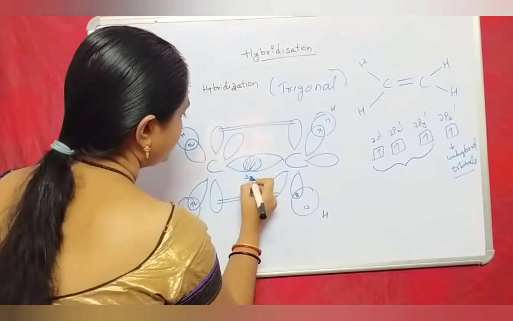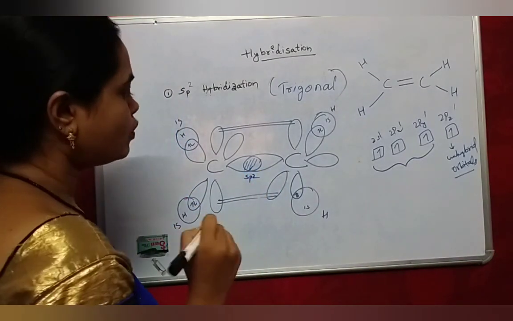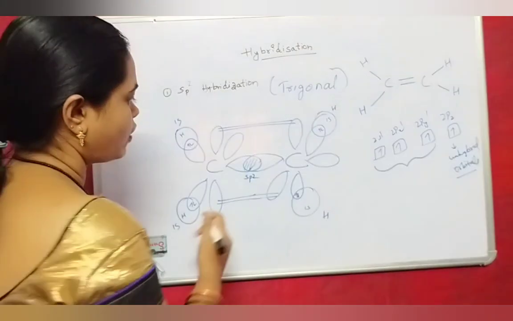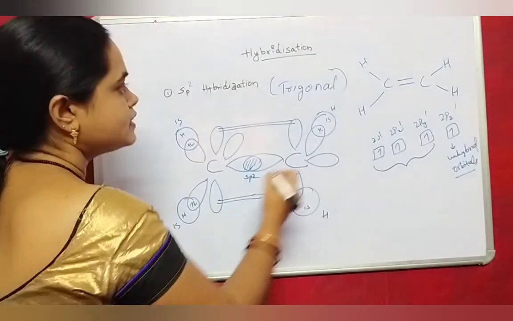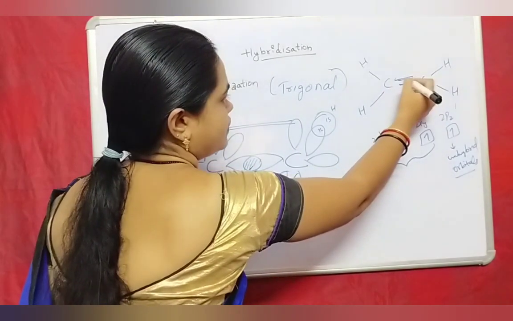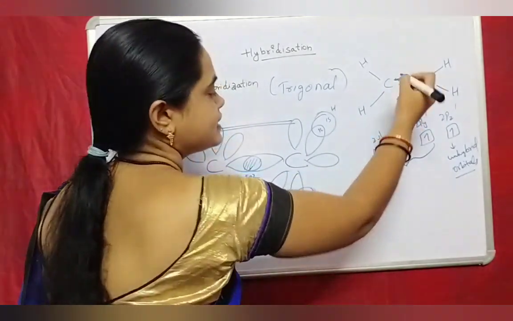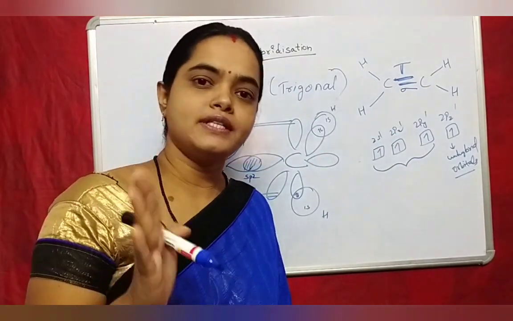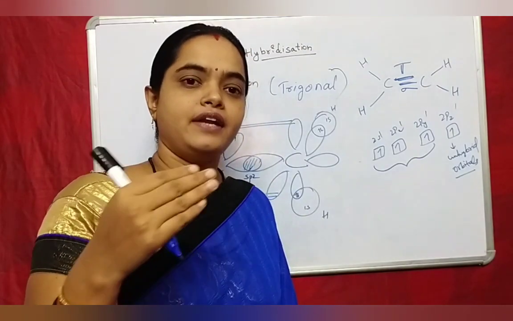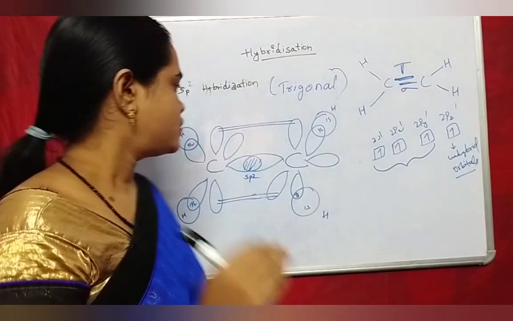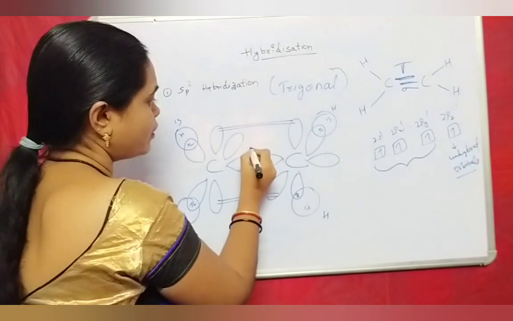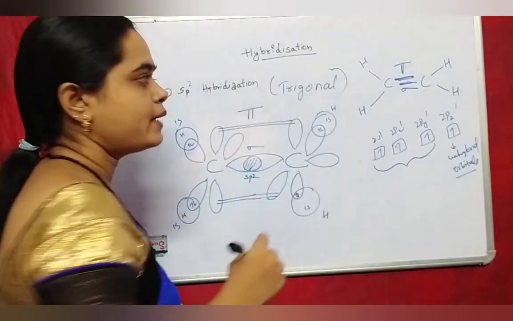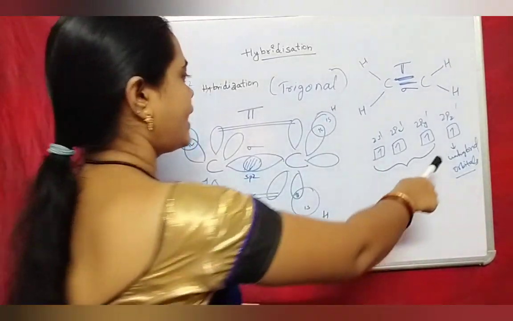Here also is sp2 hybridization, two bonds. Of these two bonds, the first formed bond is always the sigma bond, while the second bond is a pi bond. Sigma bond is formed first, followed by the pi bond. How is the pi bond formed? By the unhybrid orbitals.